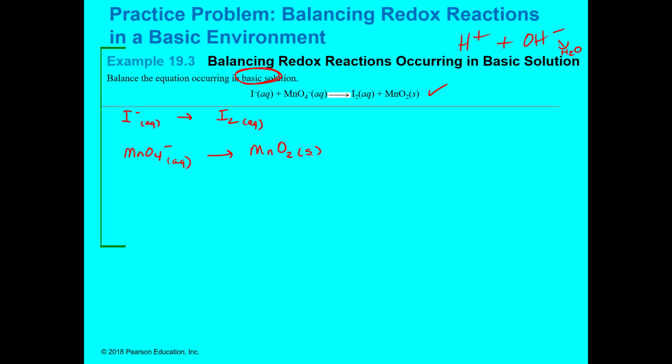All right, so this is a 0, and this is a -1. And if both sides need to be a -1, then I'm going to have to do what? I'm going to have to add an electron, right?